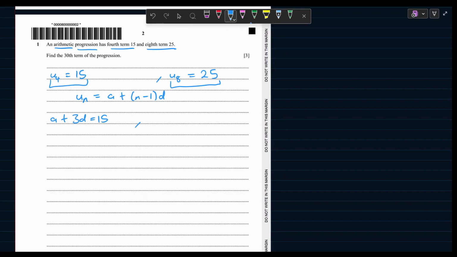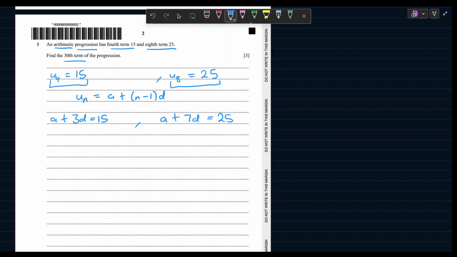And then U8 would become a plus 8 minus 1, so 7d, and this is equal to 25. Now we've got two equations in terms of a and d, so we can solve these simultaneously to find a and d. And then once we have a and d, we can go ahead and find the 30th term of our progression.